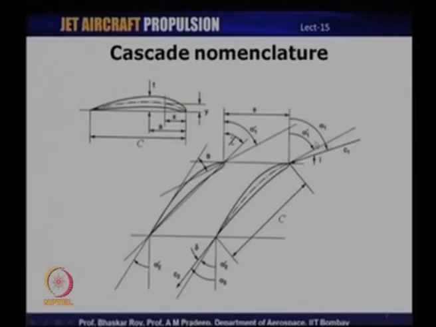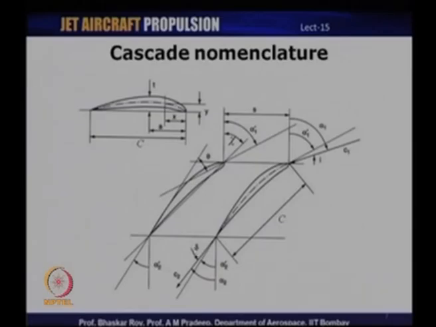So, incidence is the difference between the angle at which the flow is actually entering the blade and the angle for which the blade has been designed at the inlet. Similarly, we have the deviation angle at the outlet, the difference between the angle at which the velocity actually leaves the trailing edge and the angle of the blade at the trailing edge, denoted by delta.